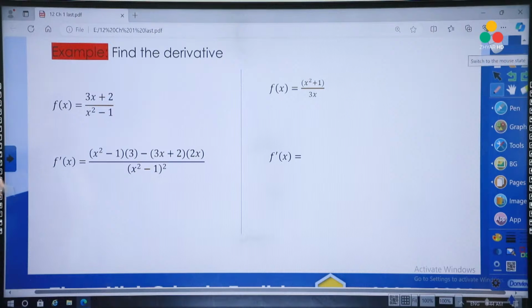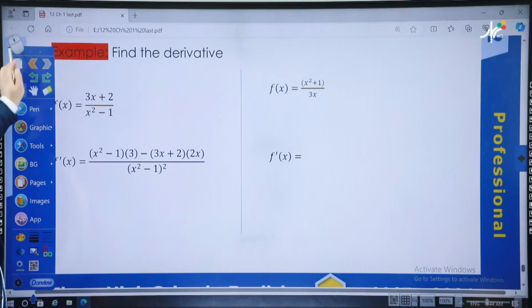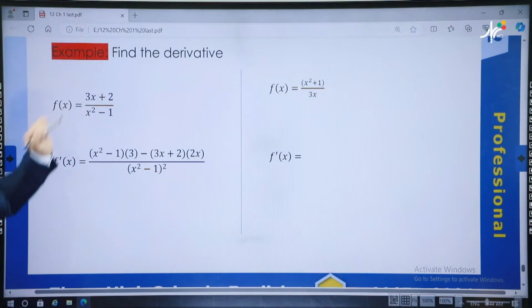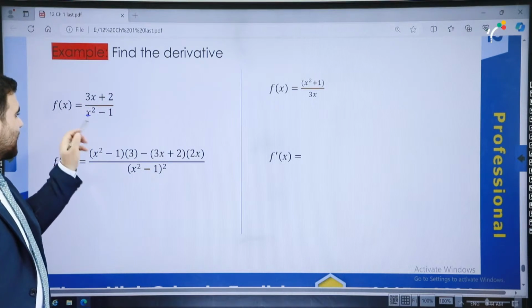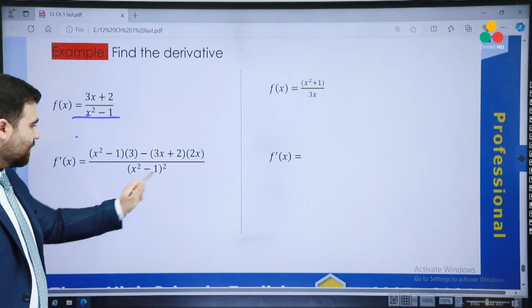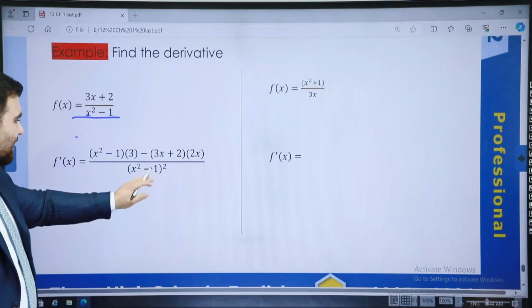Look at this. I have a fraction. Begin with the denominator, x squared minus 1. Write it with power 2. Finish.